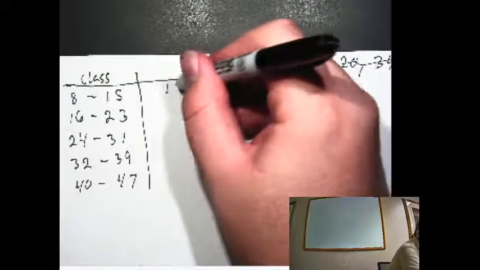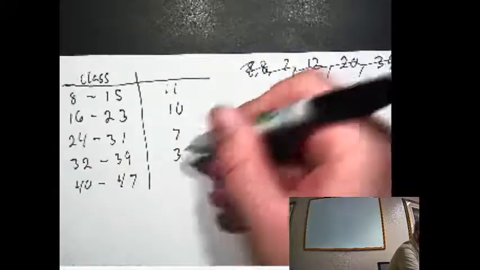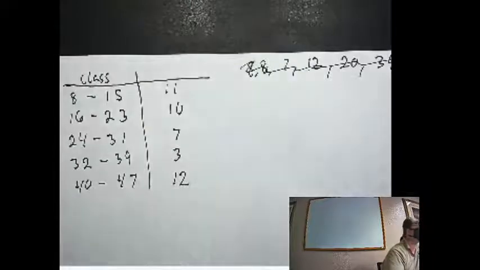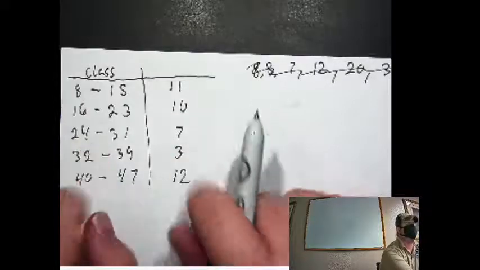And so we count up all these things and sort them out into these ranges. And we get 11, 10, maybe 7, maybe this one has 3, and 12. Okay, I'm just making these numbers up. But again, after we look at the data, maybe we see, okay, there's 11 people who fall in here, there's 10 people who fall in here, there's 7 people who fall in here, and so on and so forth.